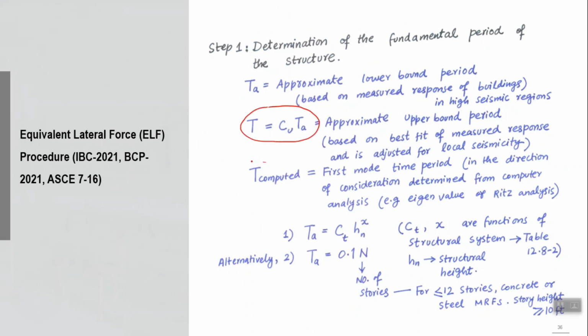And if the modal analysis time period is available, then there are different cases. In some cases we should go for the modal analysis time period, in some cases we should go for the upper limit, right. If the modal analysis time period is not available, in that case you only have these 2 things, so just use TA then, right.